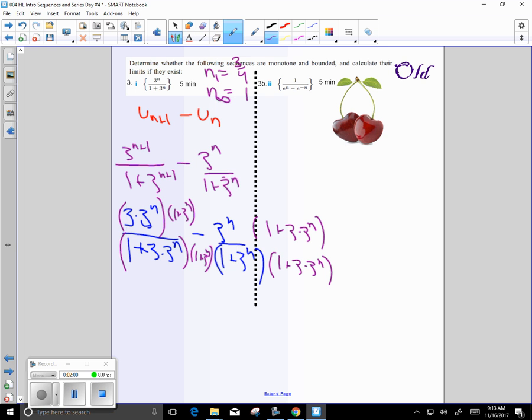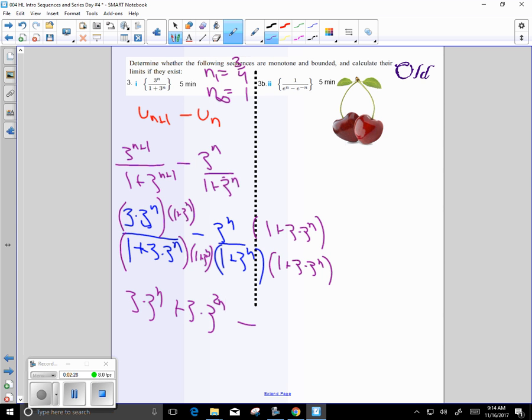And this is going to be 3 to the n's plus 3 to the n plus n, or 3 to the 2n. 3 to the n times 3 to the n. Do you see how you add these two n's to get 2n? Okay.